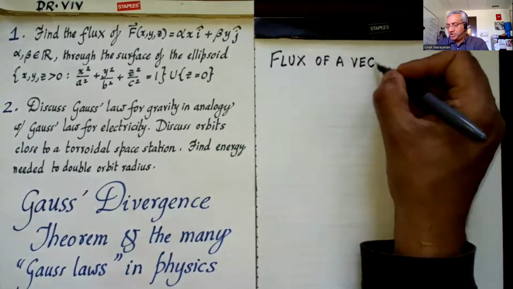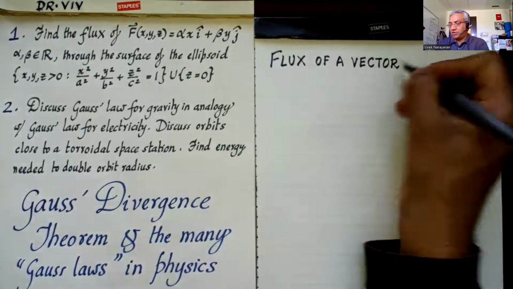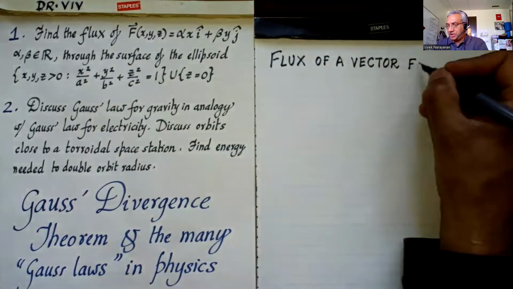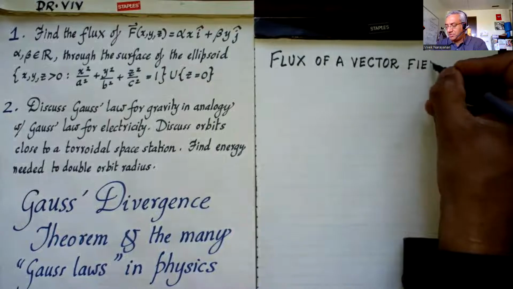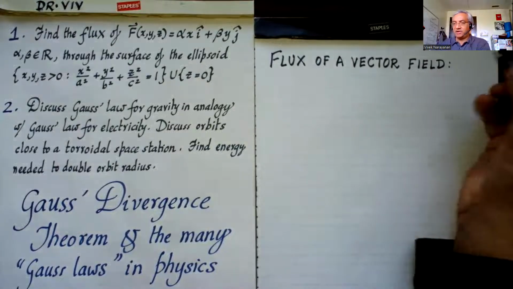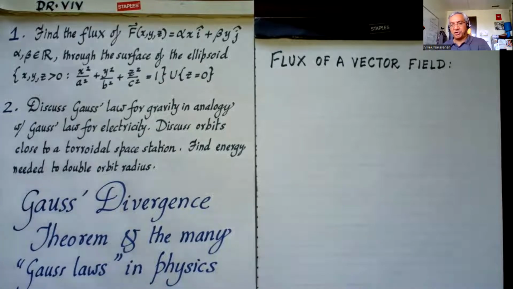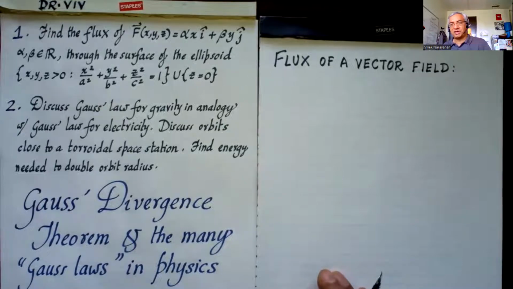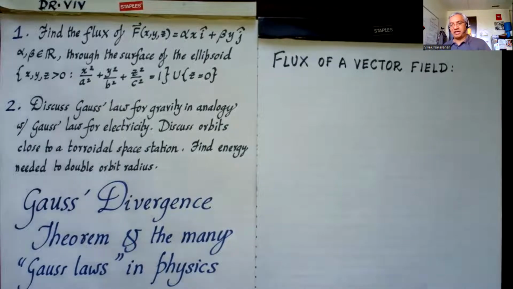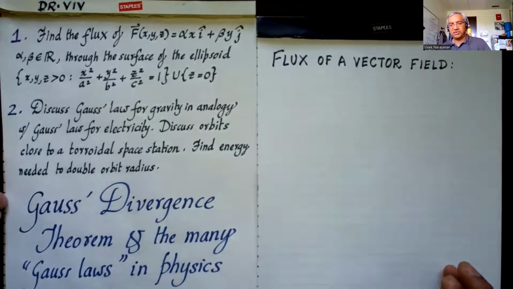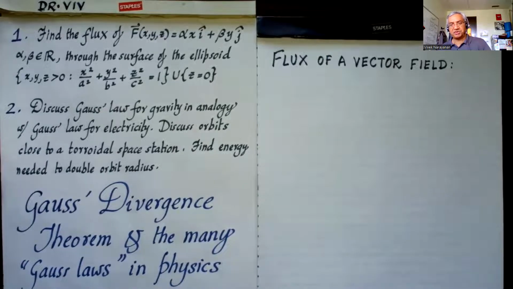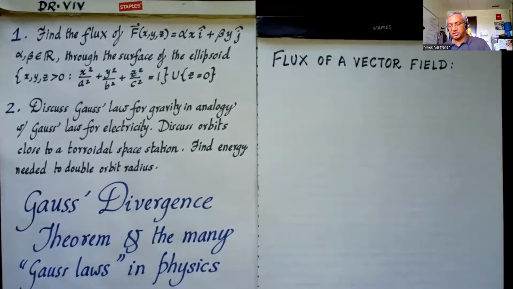You've probably studied this in earlier classes involving electricity and magnetism, where you had things like the electric flux and magnetic flux and so on. There, your instructor would have told you that flux is a scalar, and it measures something like the amount of field lines that go through the surface, and in turn it is a measure of how strong the field is.